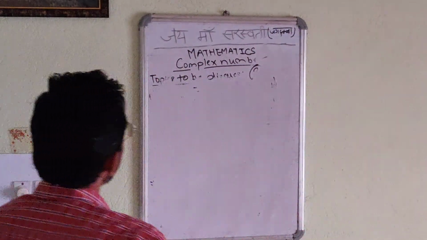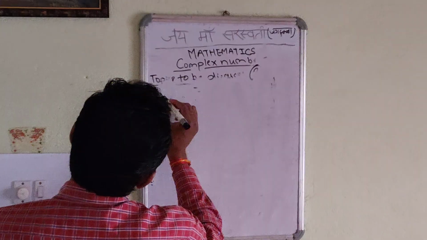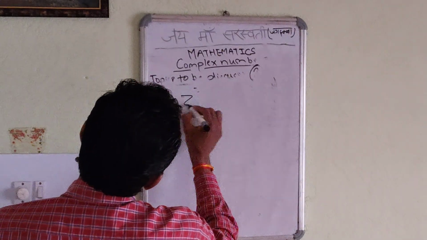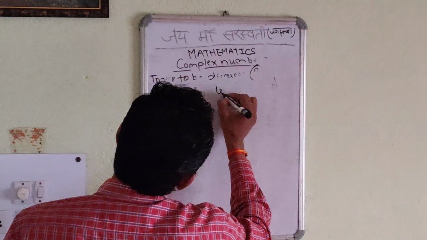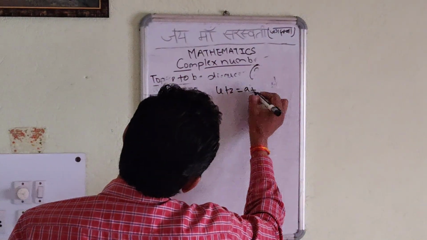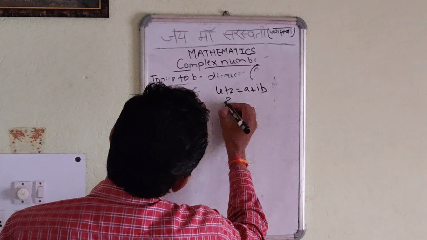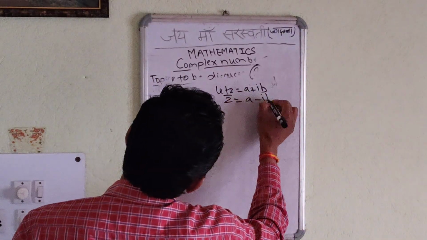So in this case, z into z conjugate. Suppose z is equal to a plus ib, so z conjugate will be equal to a minus ib.